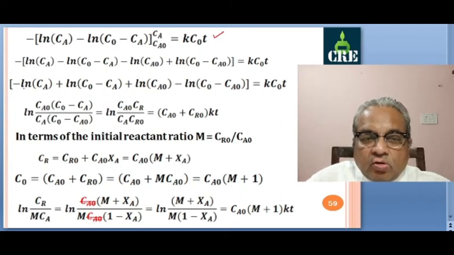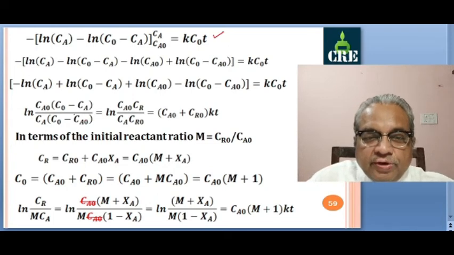Now for all these logarithmic terms, the terms with the plus sign I will keep in the numerator, and terms with the minus sign you can transfer to the denominator. So overall, ln of CA0 with plus sign and C0 minus CA with plus sign, then in the denominator CA, and C0 minus CA0.